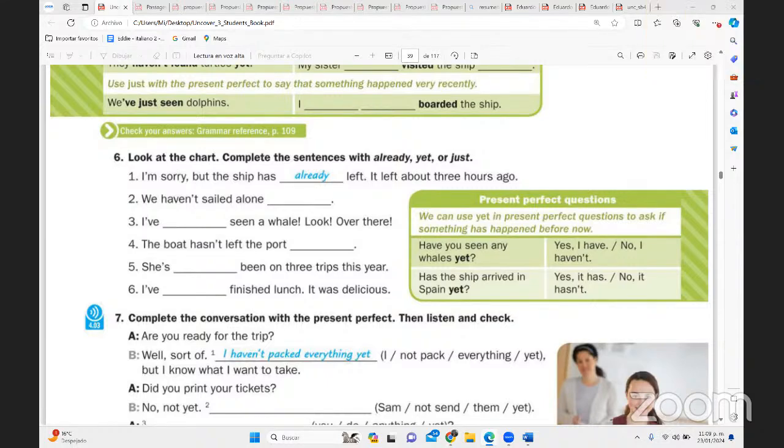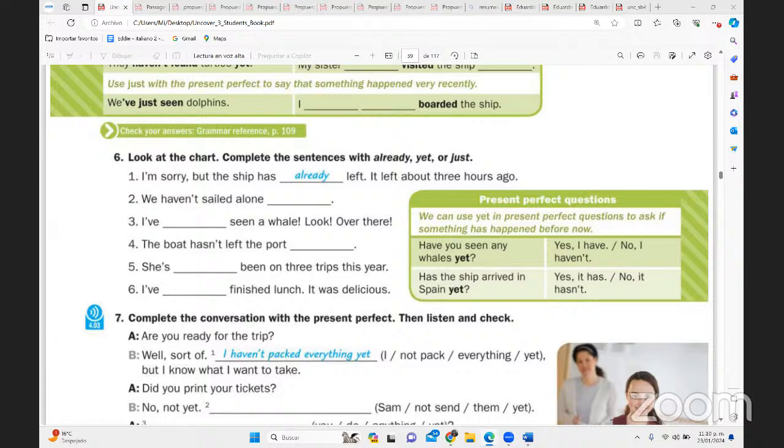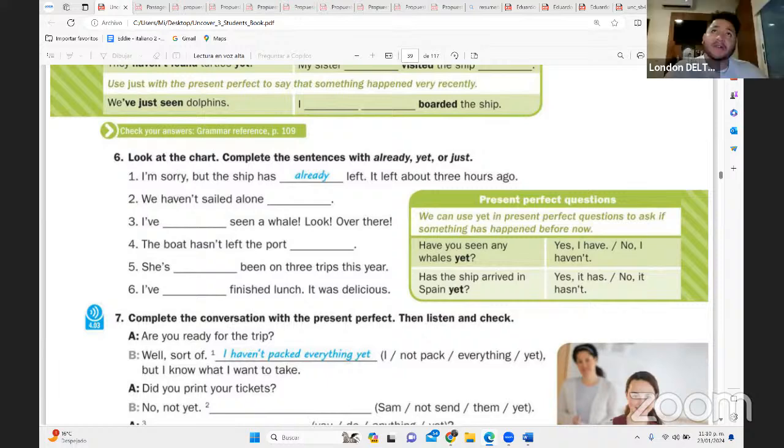For Puebla, it's amazing. What part of Puebla? I don't remember. Una carretera muy peligrosa. Ay, no me acuerdo cómo se llama. Teacher, I don't know.